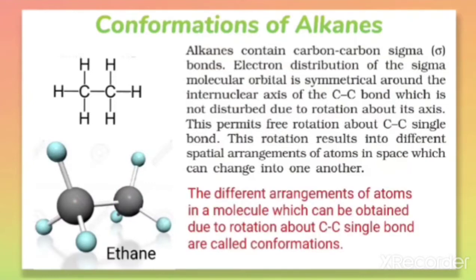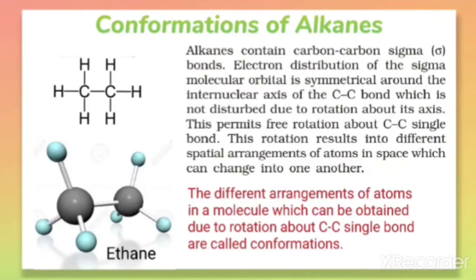So these different arrangements of atoms in a molecule, which can be obtained due to rotation about the C-C single bond, are called conformations. These are also called conformational isomers, and in short we can call these isomers conformers.